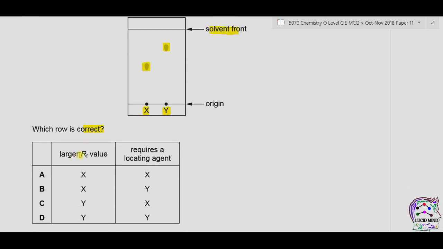First, we have to find which Rf value is larger, and secondly, we have to find which one requires a locating agent. Now, Rf depends on the distance traveled by the spot divided by the distance traveled by the solvent.